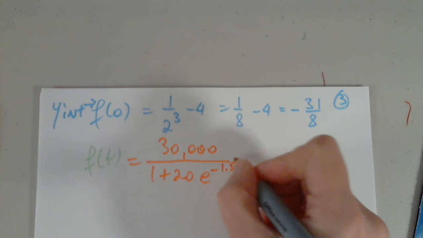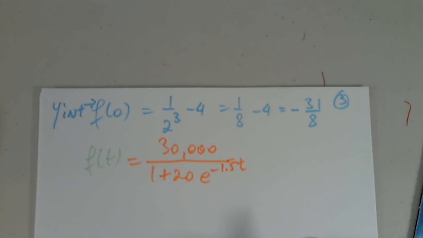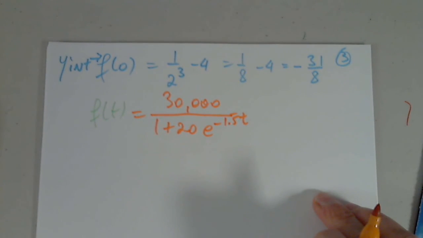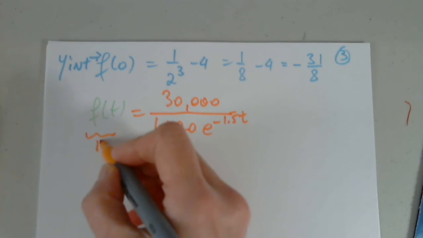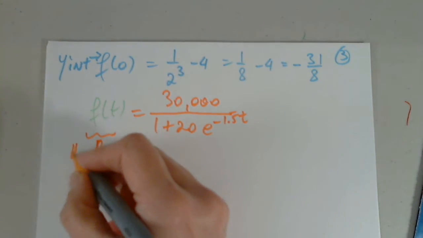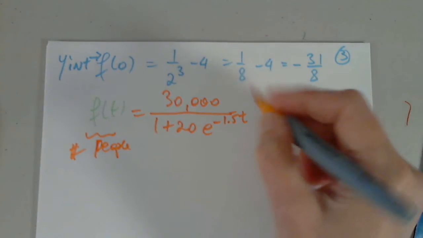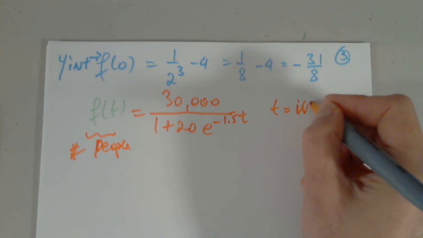Correct me if I'm wrong. It describes the number of people, f of t, who became ill with the flu t weeks after its initial outbreak in a particular community. So f is the number of people, and t is in weeks.